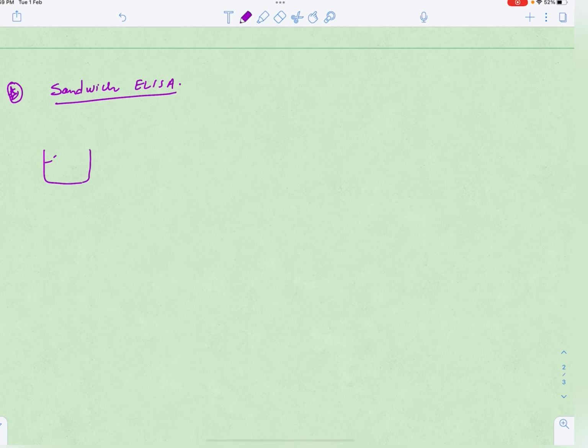As compared to indirect ELISA, in which the antigens are immobilized on the microtiter wells, in sandwich ELISA the antibody molecule is immobilized on a microtiter well.